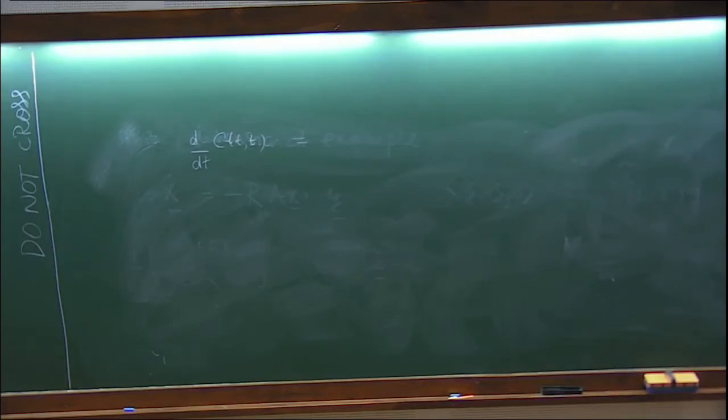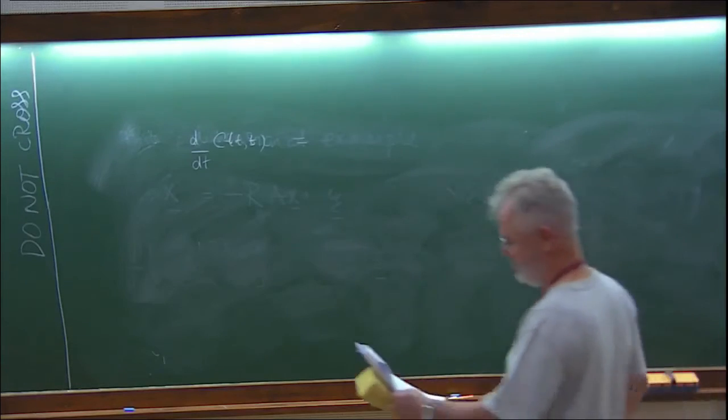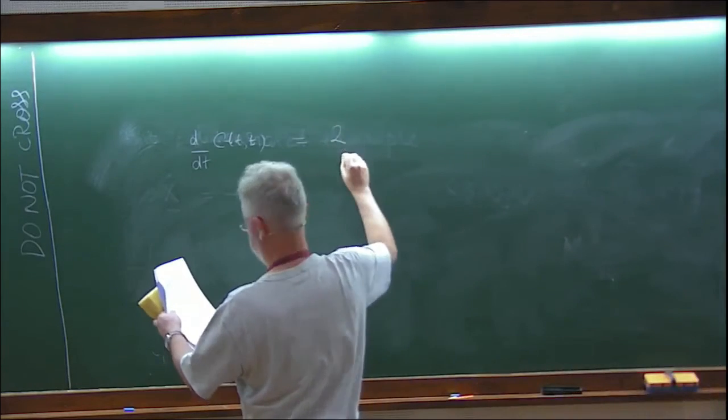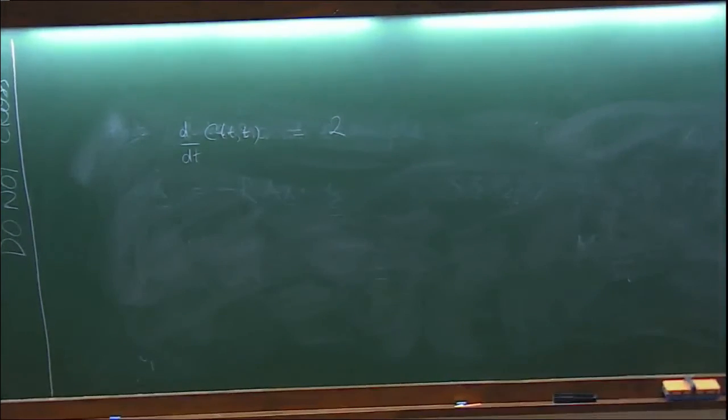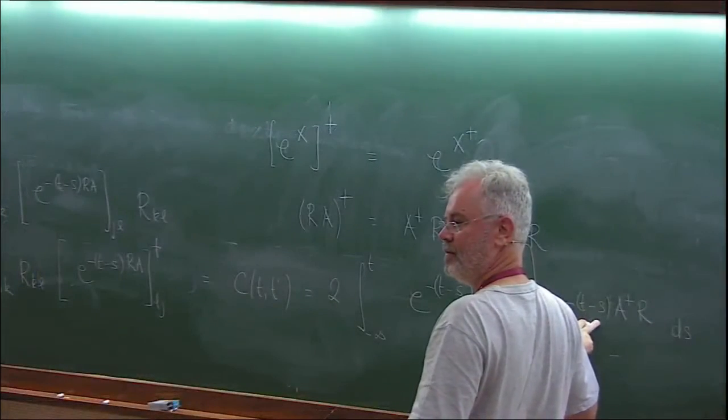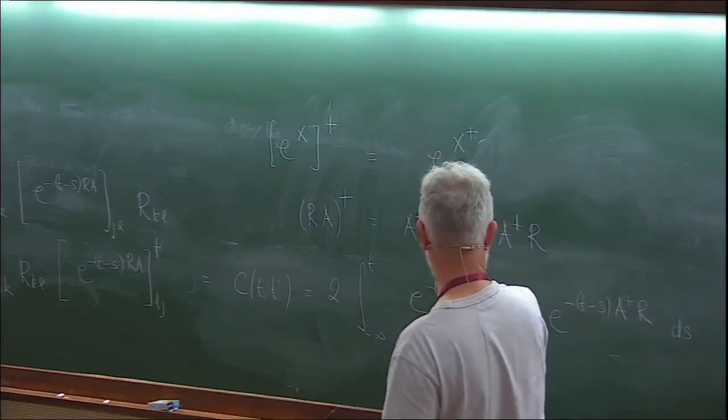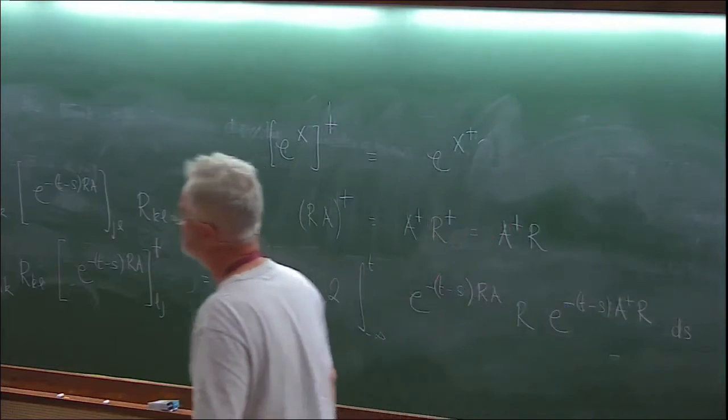So let's do the t in the integral first. If we just differentiate the integral, the first term is going to give me 2. When I take the derivative, I evaluate the integrand at s equal to t, and something nice happens: these two exponentials disappear because t is equal to s. So I just get 2R.